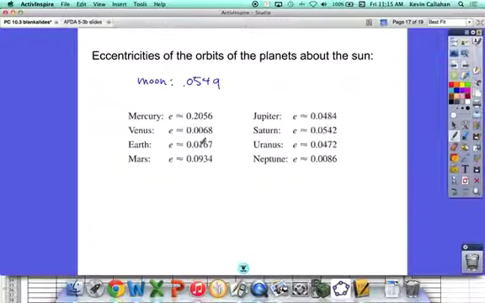Which is the least of all these? Which one has the orbit which is closest to a circle? It looks like Neptune is first. And then actually, no, it's this one. Venus, and then Neptune, and then the Earth. Which one has the more elongated orbit of them all? Yeah, Mercury 0.2, and that's that.